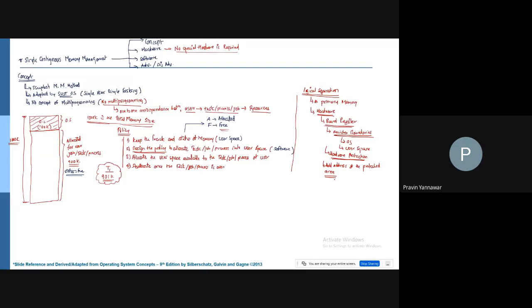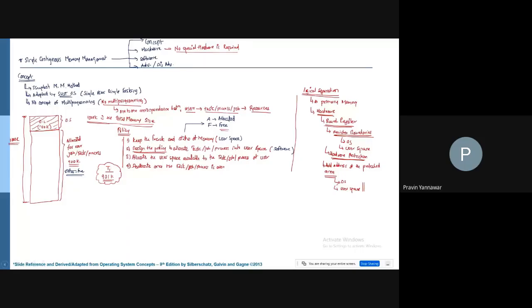One is area reserved for OS, and area reserved for user space. So these two pieces of information exist in the bound registers. Okay, so as far as this case is concerned, we have looked at the conceptual part.